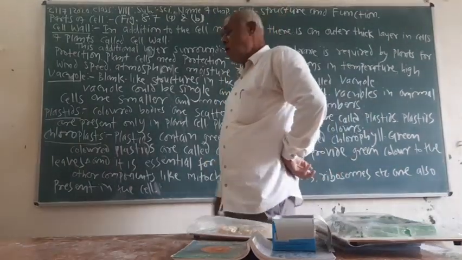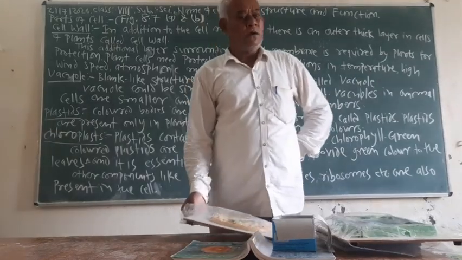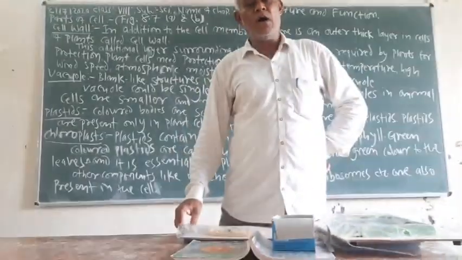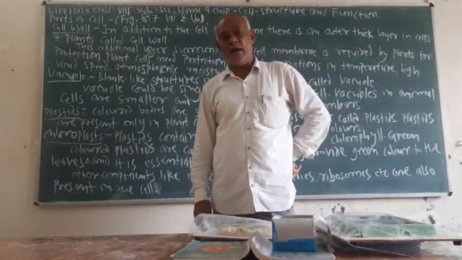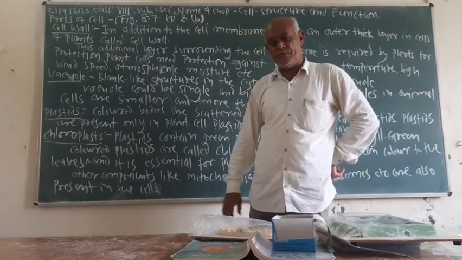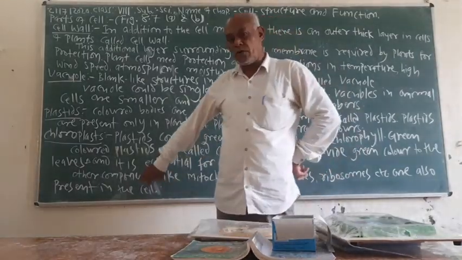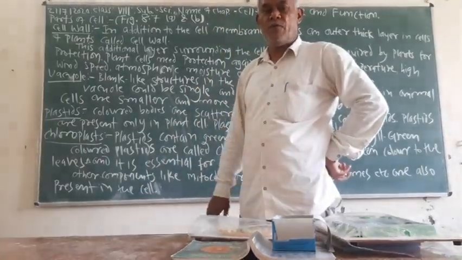Then all animals, including herbivores, carnivores, etc., would not be present on the earth. So the existence of life depends on the process of photosynthesis. Plants are autotrophic organisms, which means they produce their food themselves.